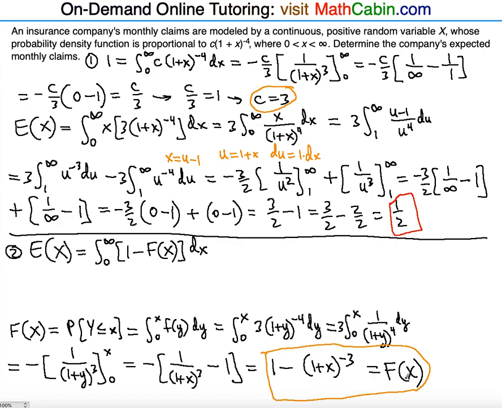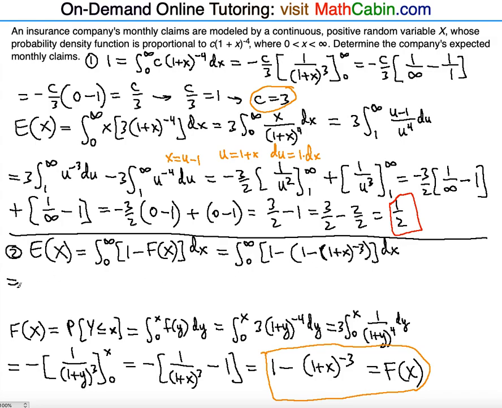Now we use that information to find the expected value. That means we have the integral from 0 to infinity of 1 minus (1 minus (1 plus x) to the negative 3) dx.